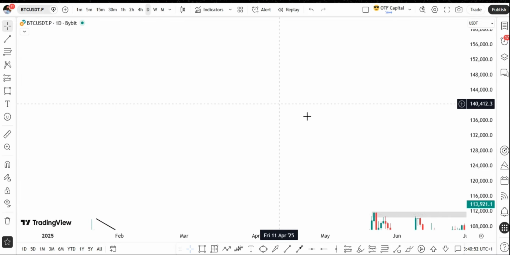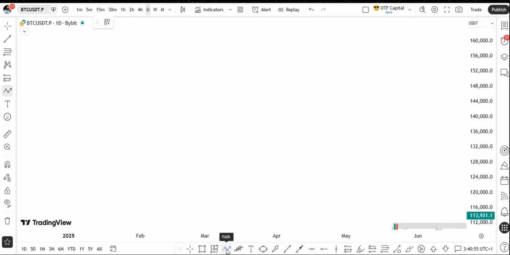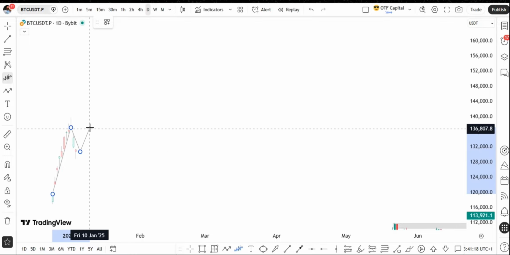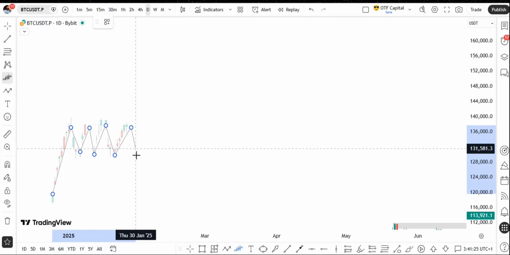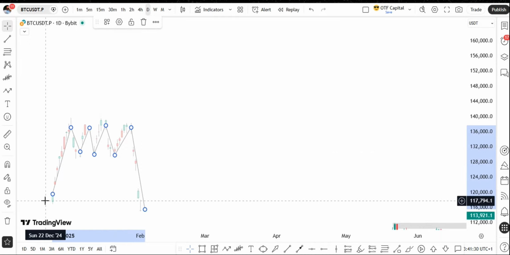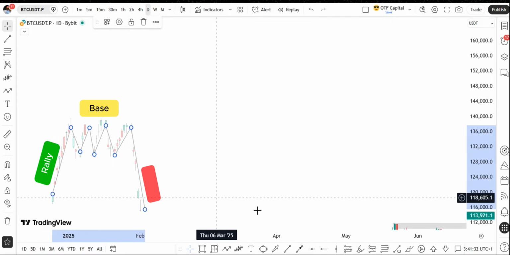You must have come across traders talking about drop base rally, rally base rally, rally base drop. These are the scenarios where you will see a rally first, then you see a base. At the end of the base, you see a drop. So this is called a rally base drop.